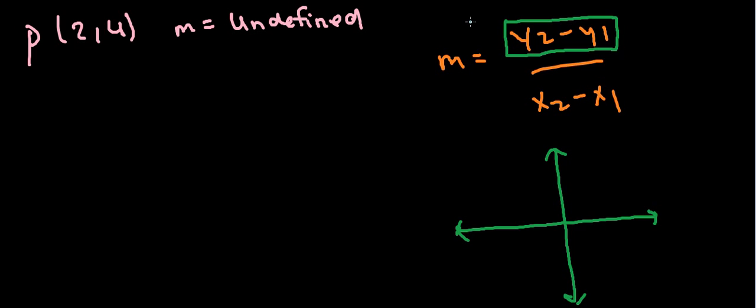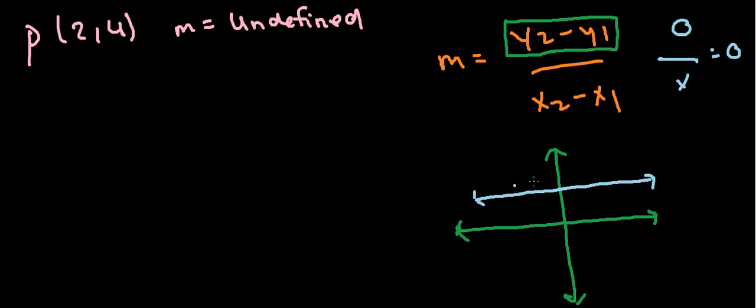When we're calculating a rate of change, there is no rate of change in the numerator, which gives us a 0. So if these were equal, we get a 0 over some x, which is equal to 0. So that means we have a horizontal line.